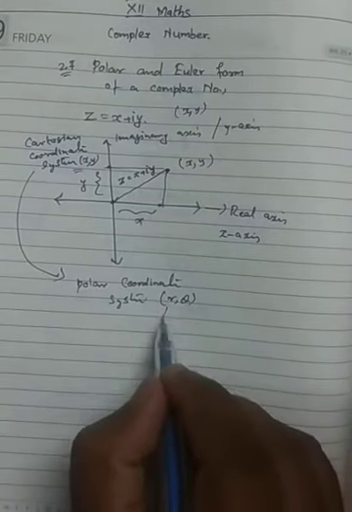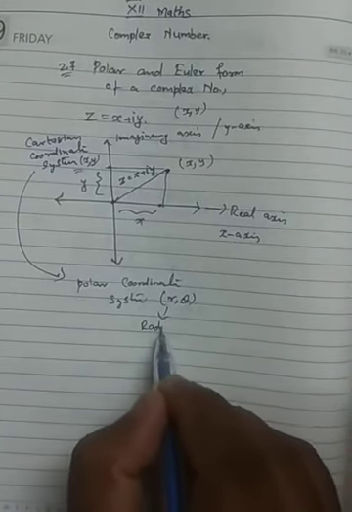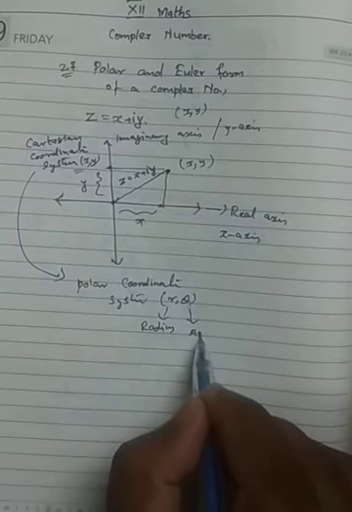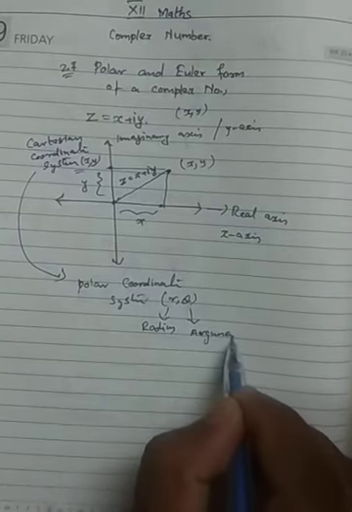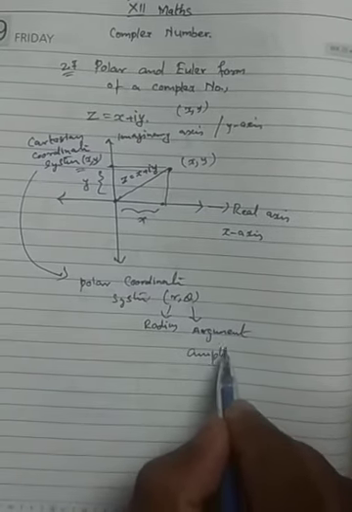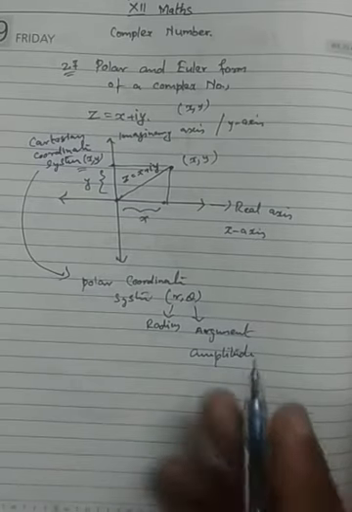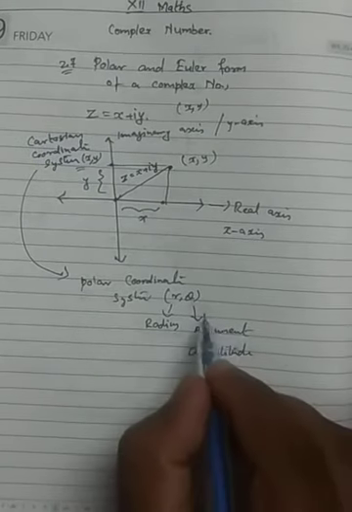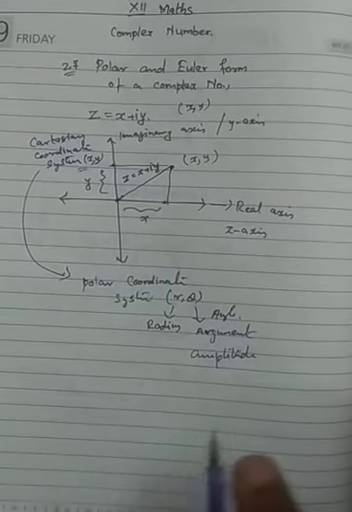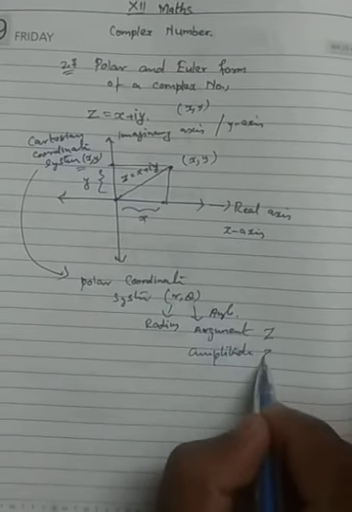R is, as you know, the radius. This is an angle, but we will say argument. It's an argument, or an amplitude of z. We can say argument of z.